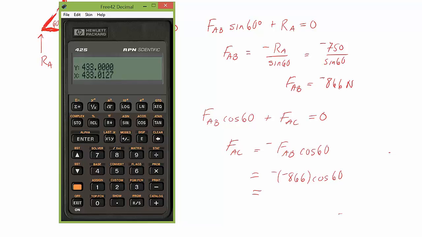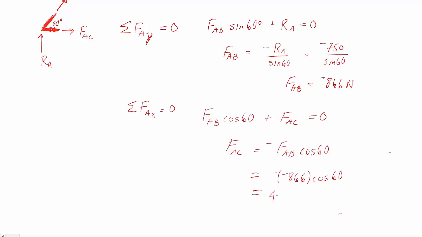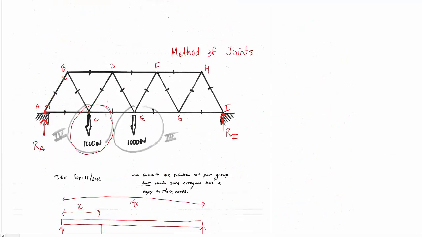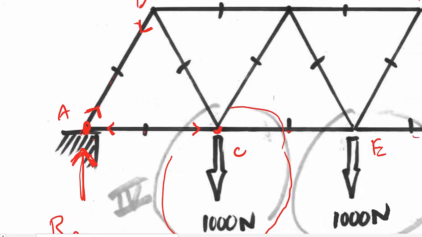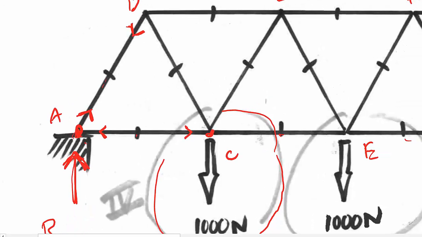Okay, 433. All right. And that's a positive number, so in fact, FAC is in tension, just as I've drawn it. So we can come back up to my bridge here. That's members in tension. Okay. And we can continue on from there.